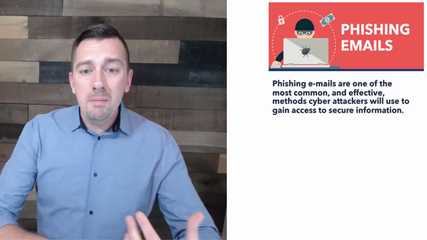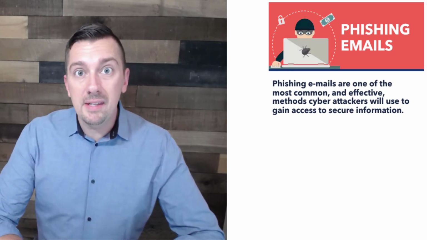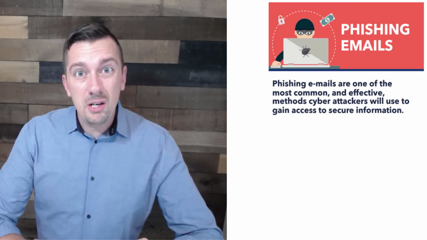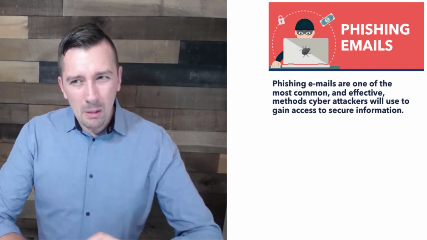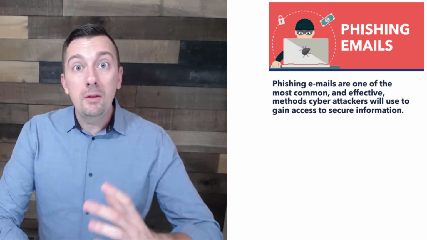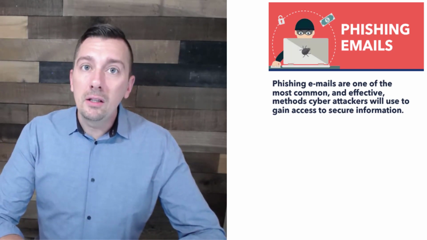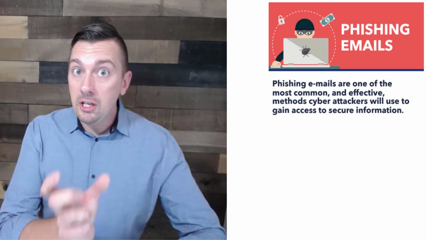Inside of this email, there could be links, there could be attachments, there could be things that just look a little sketchy or a little bit off. Be very careful about those. One way to look at that is to check who the email is actually coming from.